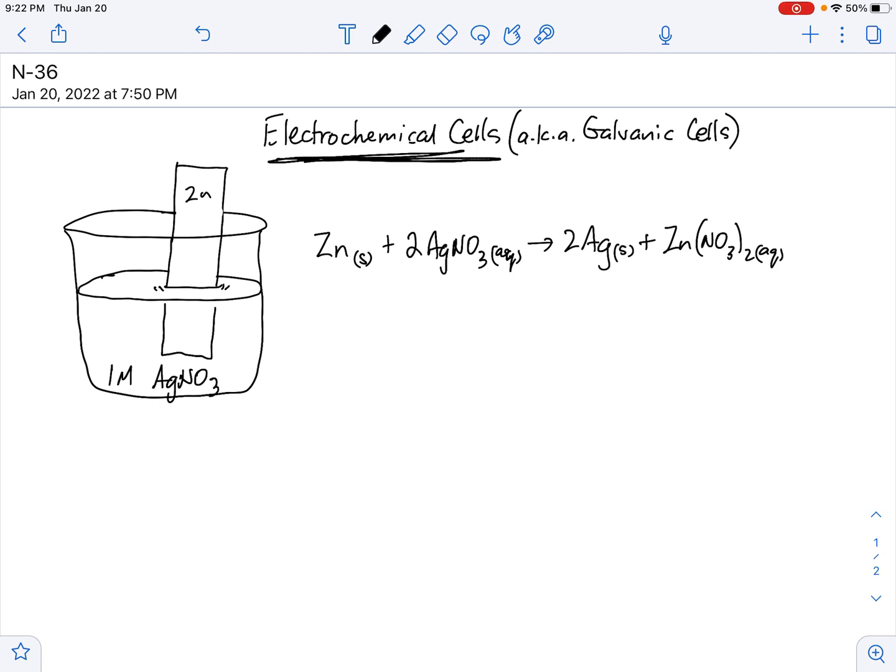And so zinc has an oxidation potential of positive 0.7.